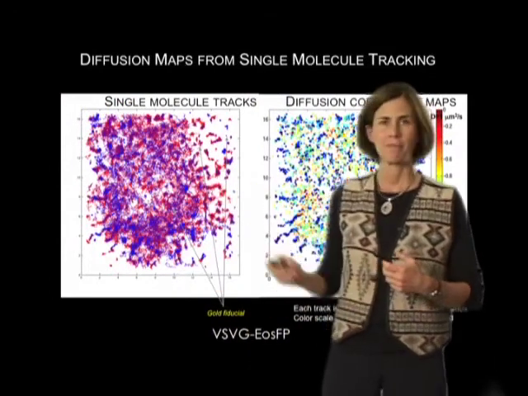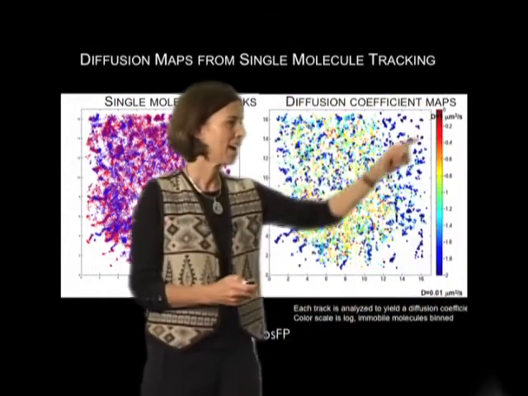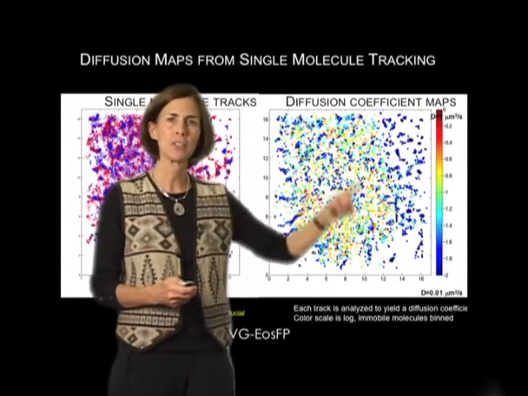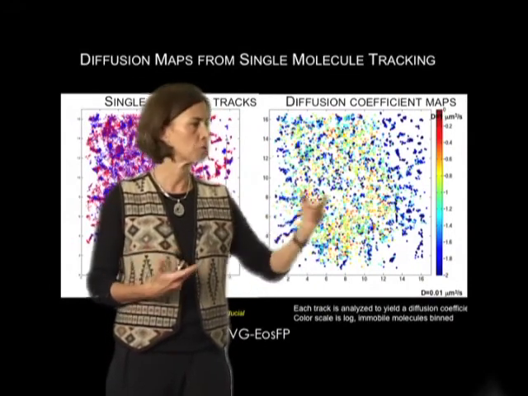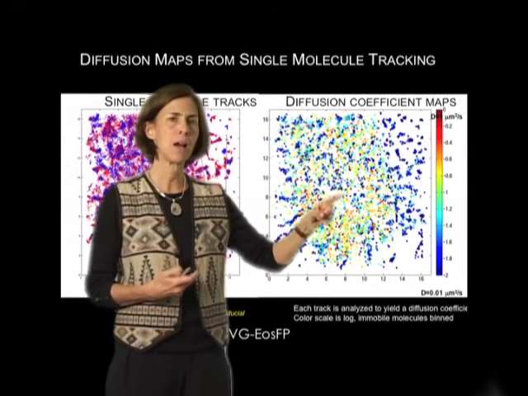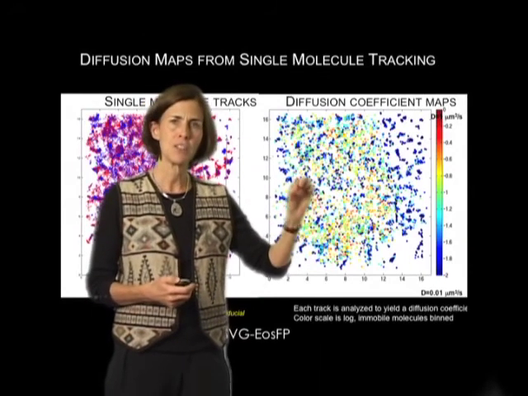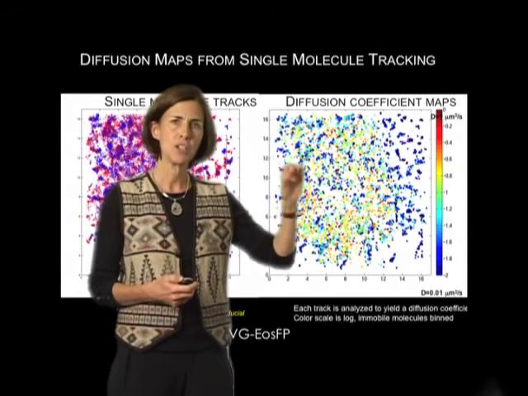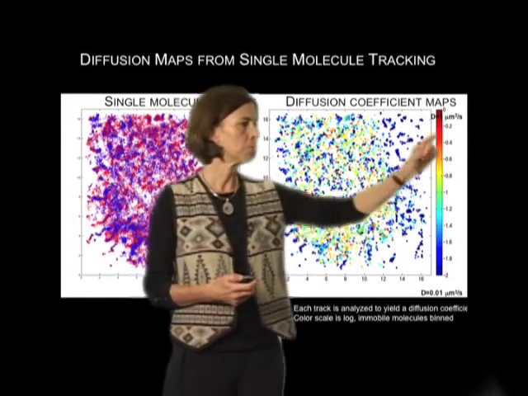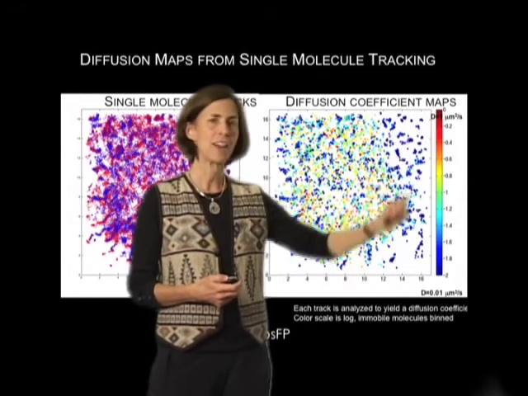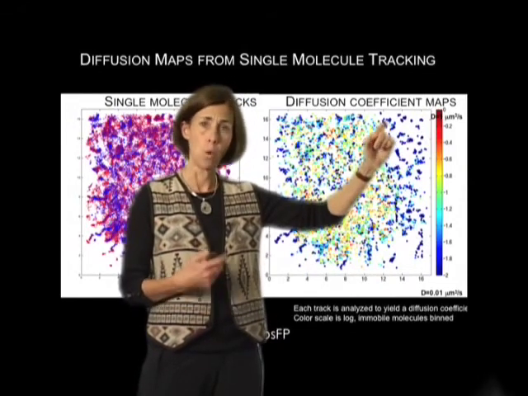So, for instance, here the tracks have been translated into a diffusion coefficient. Each one of these little spots represents the diffusion coefficient of an individual molecule that originated at that spot. And this lookup table here just shows what that diffusion coefficient was.